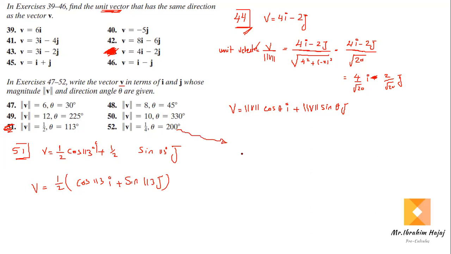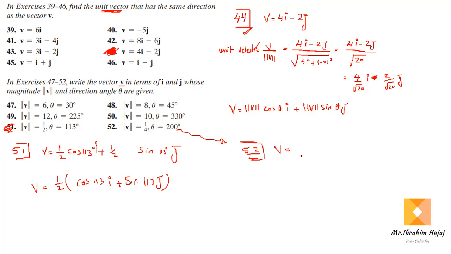Okay, question 52. Omar Bahaddin, 52. The magnitude here is 1/4 and theta is 200.